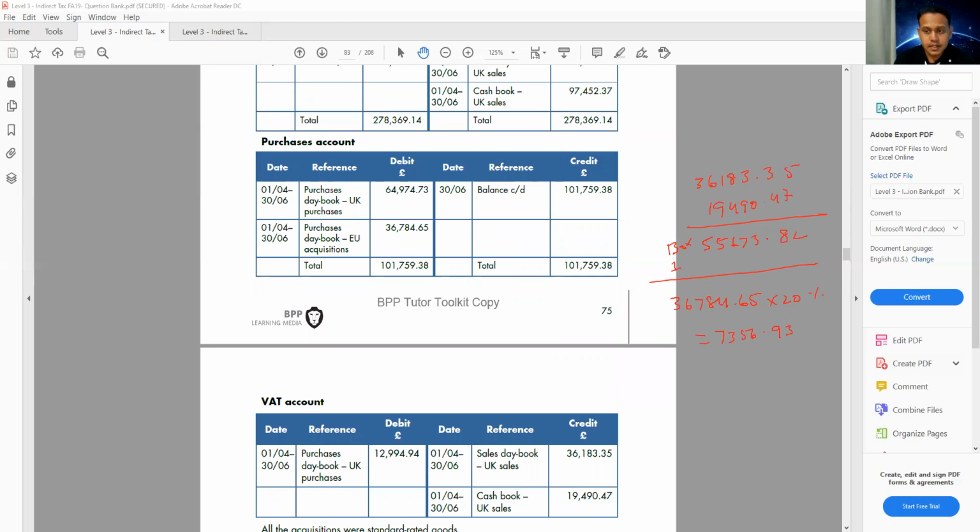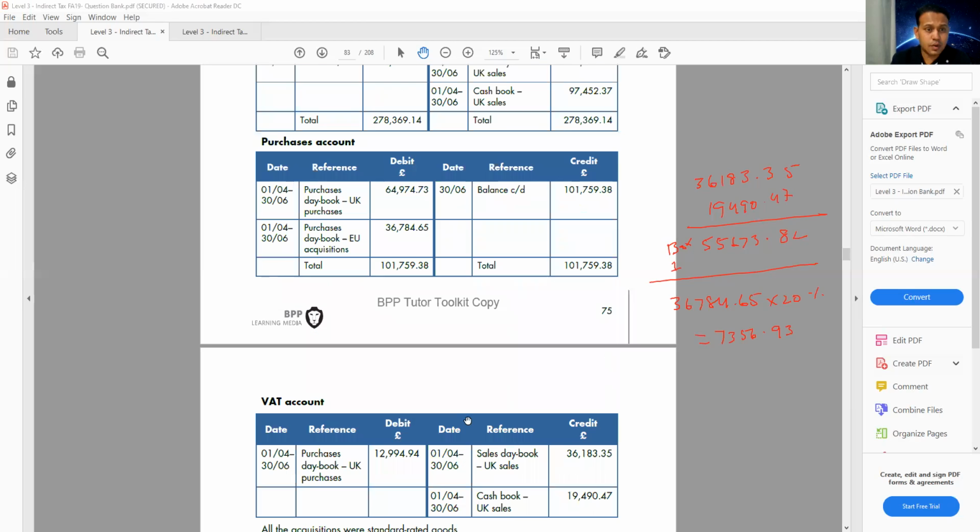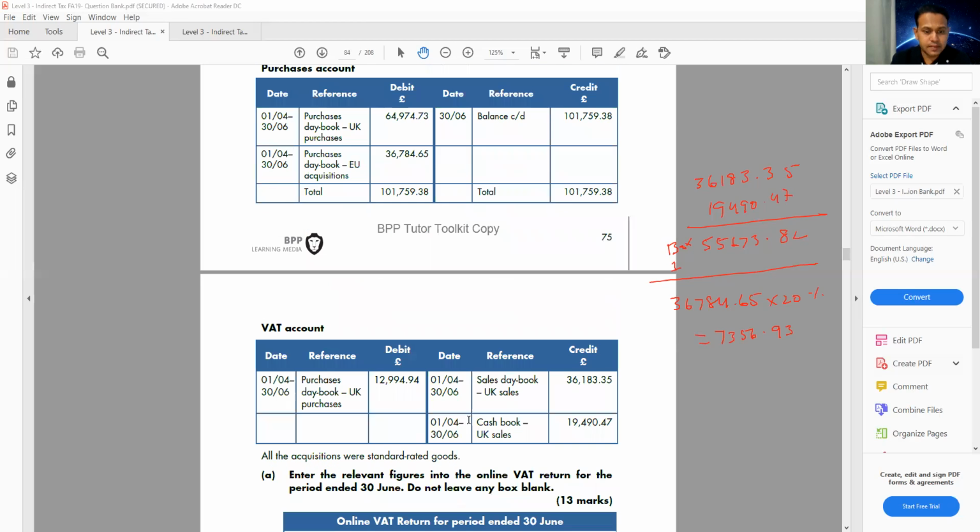That's fine. Let's move to box number 3. Box number 3 is a calculated value, so you don't have to do anything now. And obviously the next one says the VAT reclaim in the period of purchase and other input, including acquisition from EC. Box 4. So we're talking about input VAT now. Let's have a look at the input VAT. How much input VAT do we have?